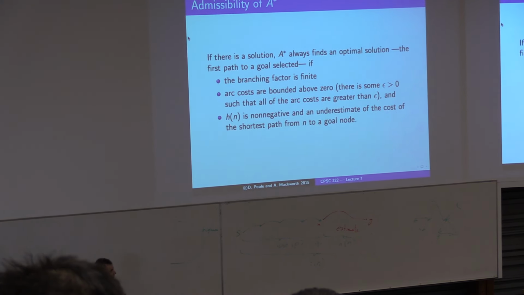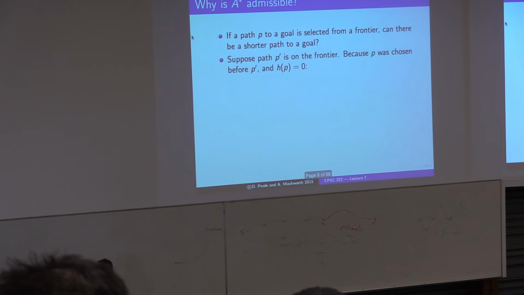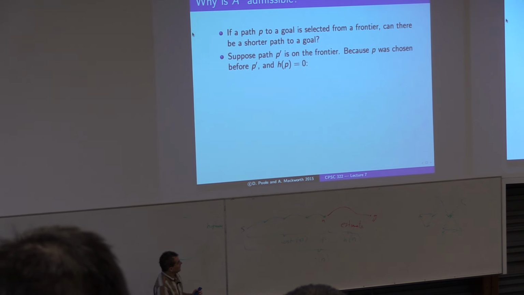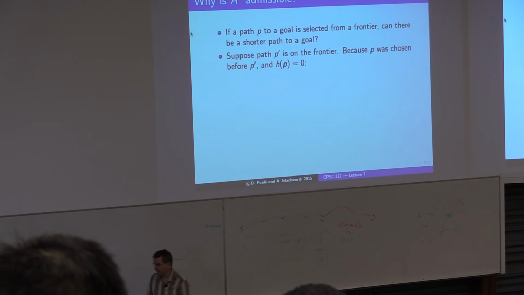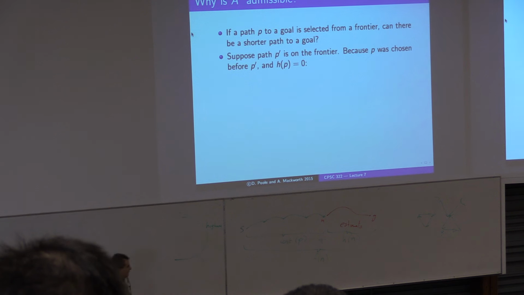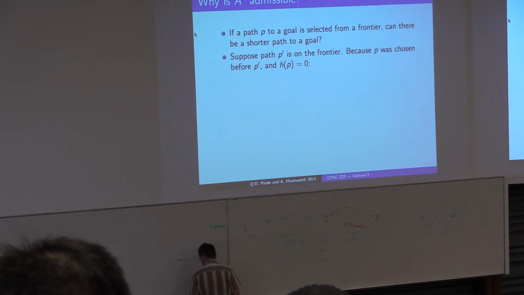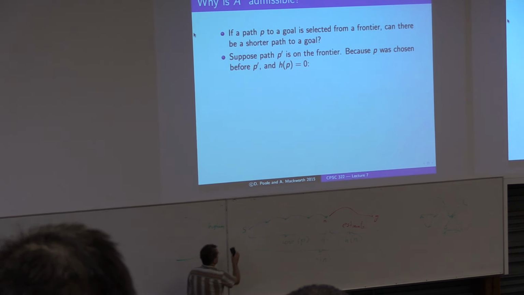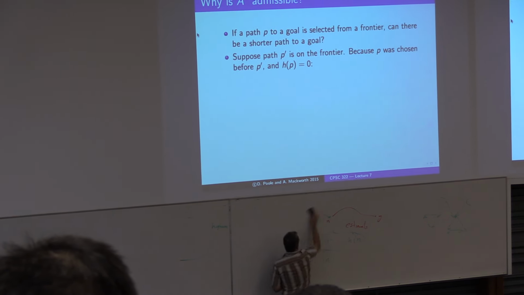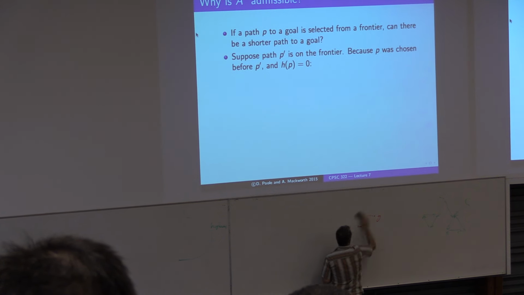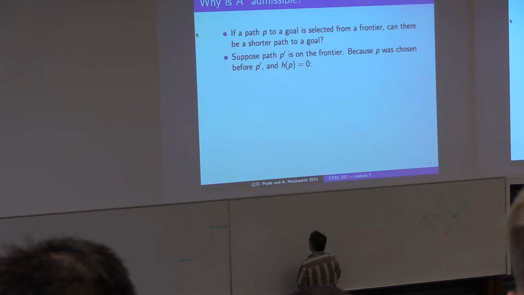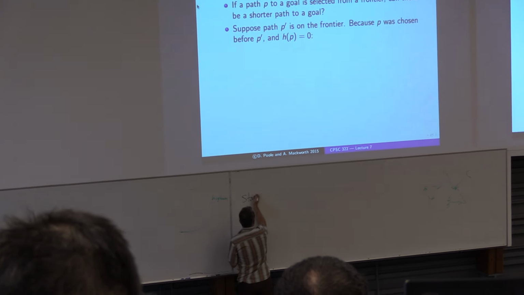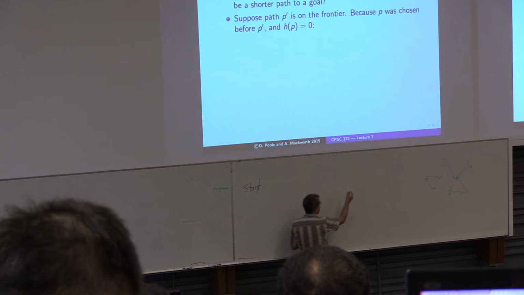So let's try and work out the proof of this. Let's suppose we have A-star and we have a start node, and we have a goal.